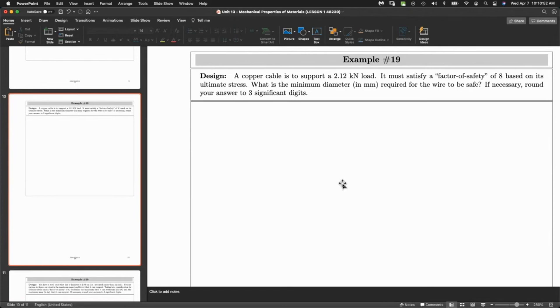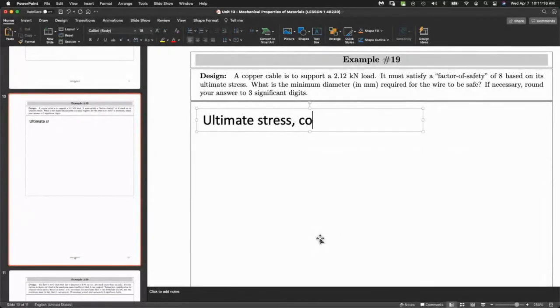And we're going to be doing a stress calculation. So we're going back to the stress stuff that we did earlier. So this question actually falls in line with what we did at the beginning of class today, except we're introducing factor of safety and the material characteristic. So ultimate stress, copper, and metric.